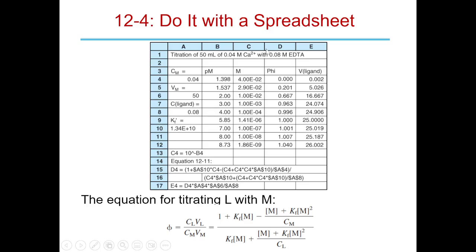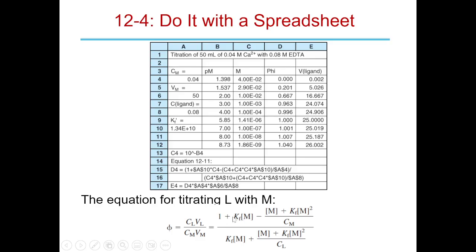Anybody have any questions? This is just the same thing with the spreadsheet, and you can do it incrementally on a spreadsheet. Are those each just different equations put in for PM? Yeah, so this would be D4 right here. So we go to D4.